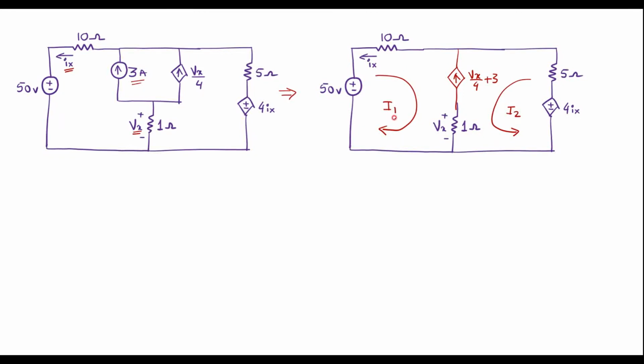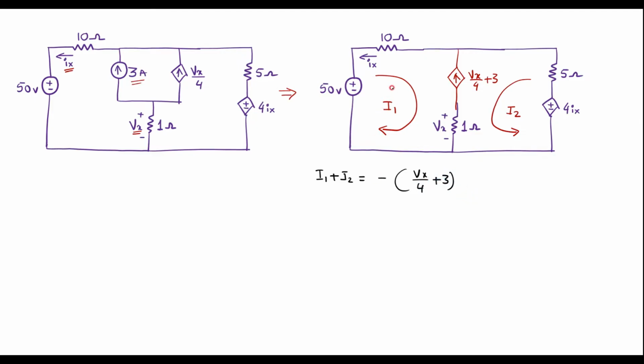That entire loop is known as a super loop. Here we can see that I1 and I2 are in the same direction. I can write I1 plus I2 is equal to, Vx by 4 plus 3 being in the opposite direction, so I can write minus Vx by 4 plus 3.